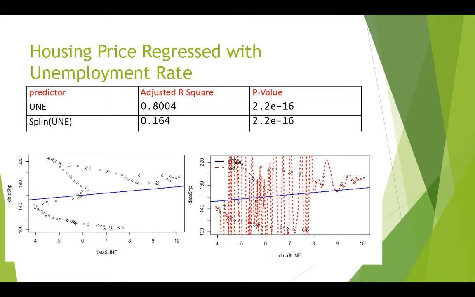The next variable is unemployment rate. The house demand goes down with unemployment increasing. We do the same process for unemployment rate, but there are some problems with that because the predictors correspond to several response variables.